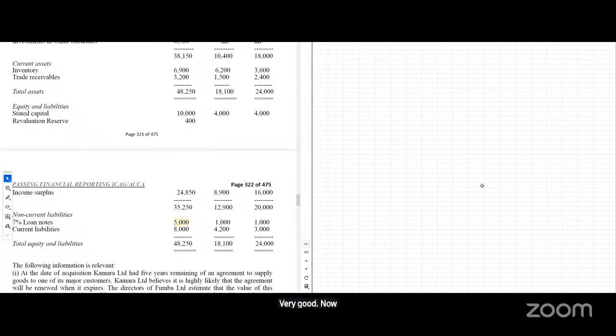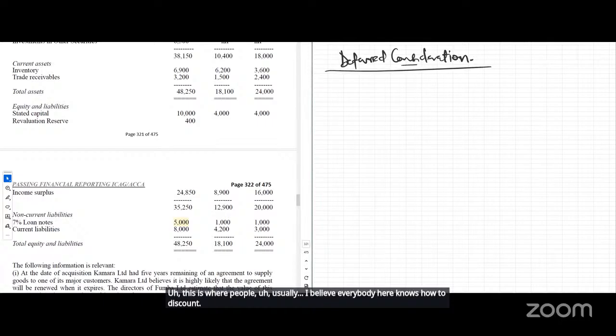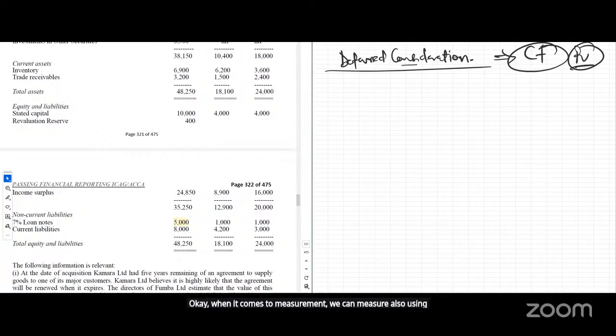Now let's go to deferred consideration. I believe everybody here knows how to discount. It's a principle in accounting, straight from the conceptual framework. When it comes to measurement, we can also measure using fair value in terms of present value.